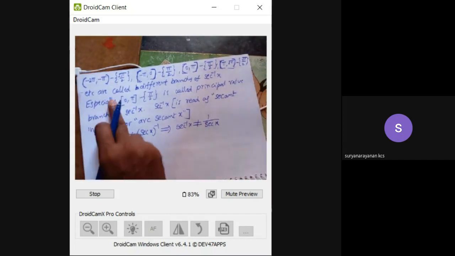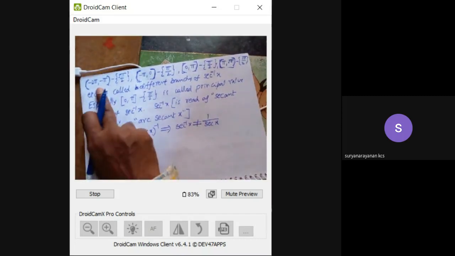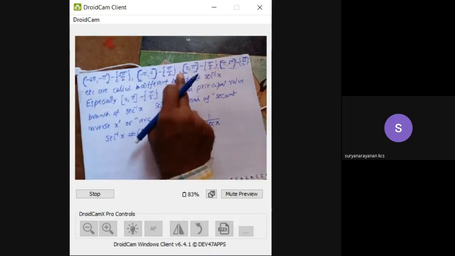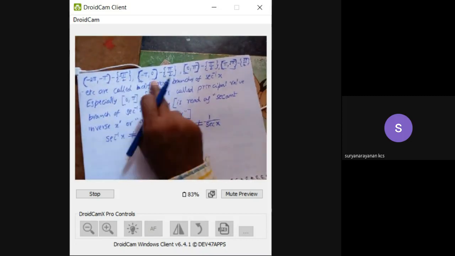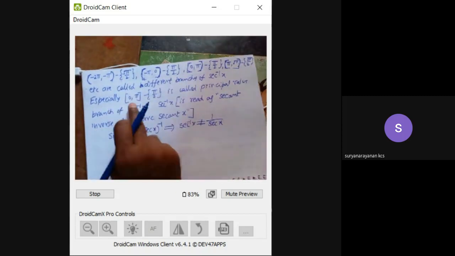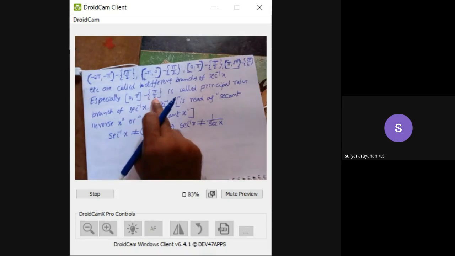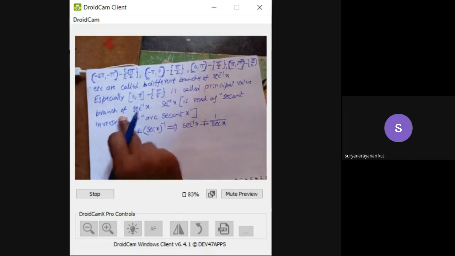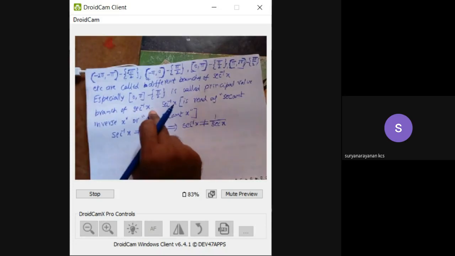So here also we divided the number line into different intervals. All these are called different branches of secant inverse x, especially closed interval 0 comma pi minus singleton set pi by 2 is called principal value branch of secant inverse x.